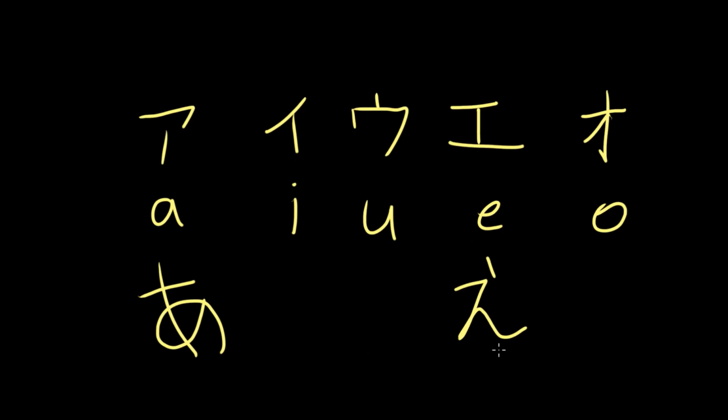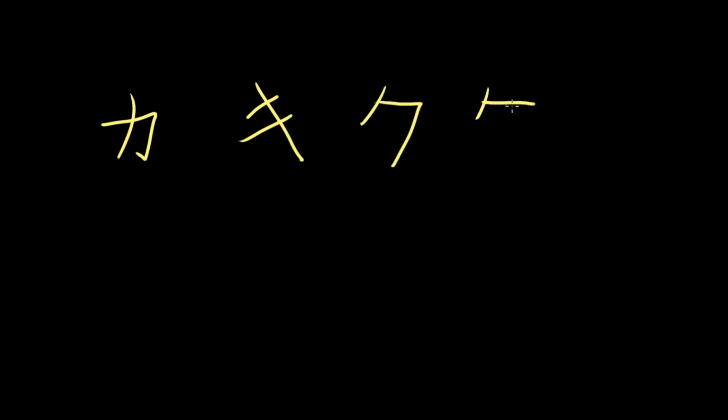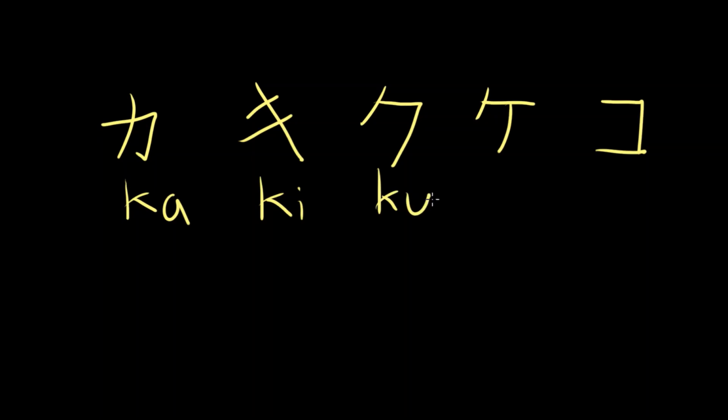Okay. So let's go on to the next row, the ka. So ka, ki, ku, ke, ko. After that is the sa line.